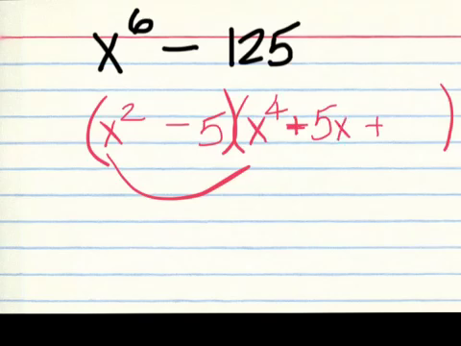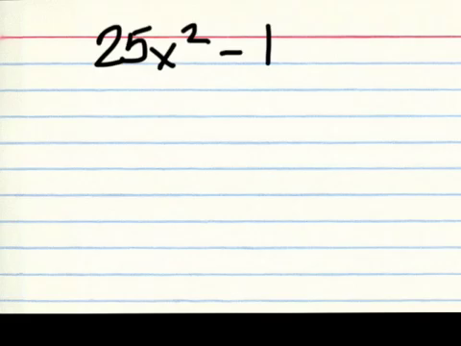Here is the solution. This is a difference of two squares. 25 is a perfect square, so is this one and the 1. So 5x plus 1, 5x minus 1.